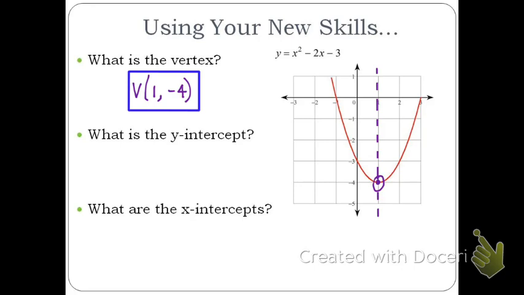What's the y-intercept? That one is at (0, -3). And finally, do we have x-intercepts? And if so, what are they?